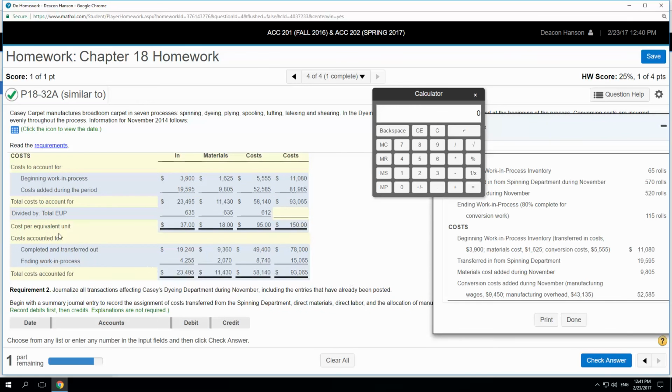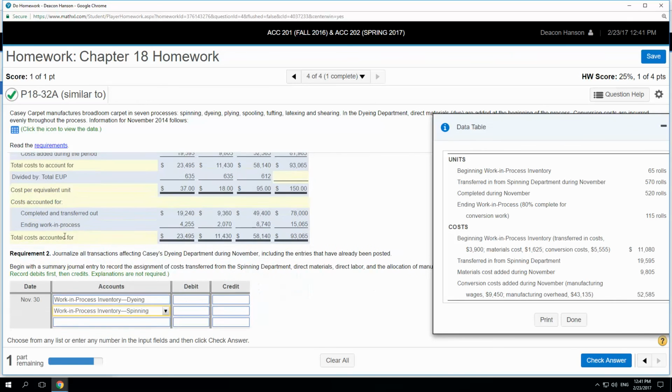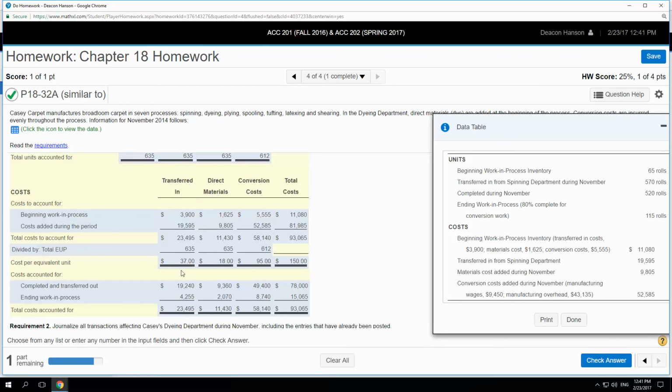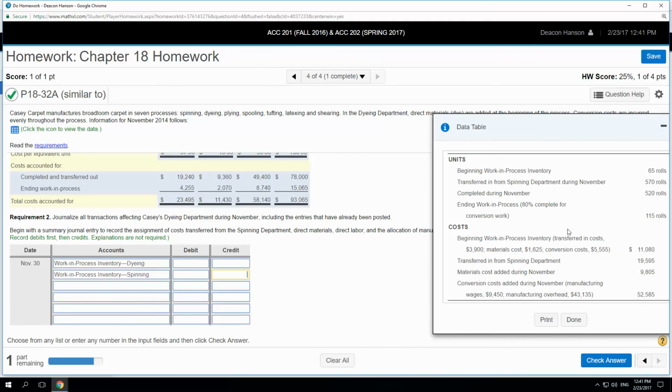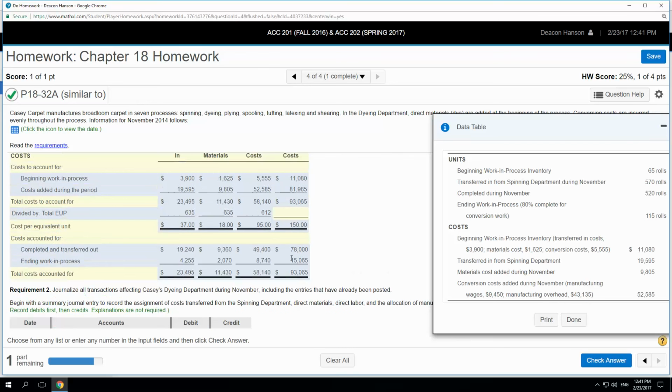So the cost coming out of the spinning department would be transferred in, right? 19,595. Okay, and you can also get it over here, 19,595. Then we're going to have direct material added, so that's coming out of raw material inventory, and you can get it from here, 9,805, or you can get it from your report, 9,805.